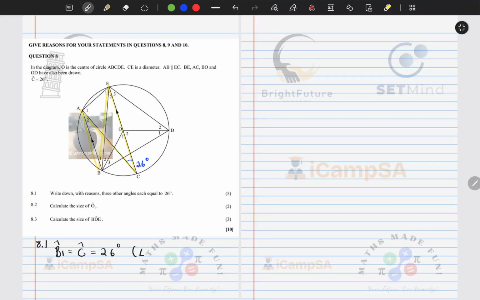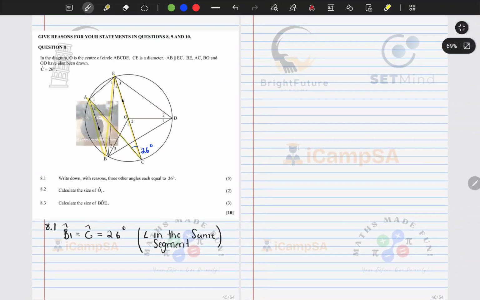And the reason is angles in the same segment. Others would have said angles subtended by the same arc. Just review your basic Euclidean geometry. Right. So let's carry on.